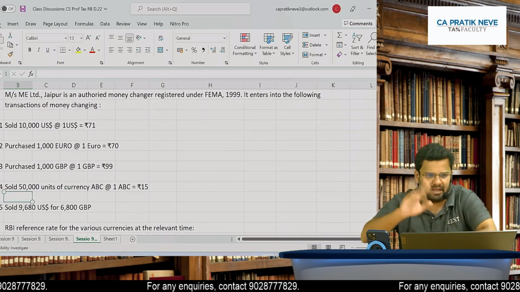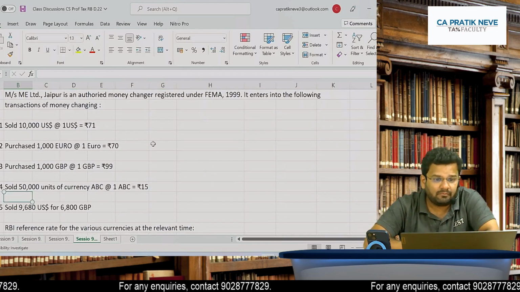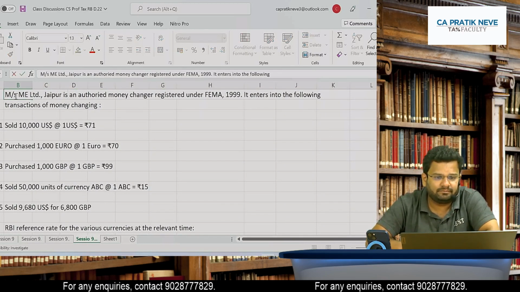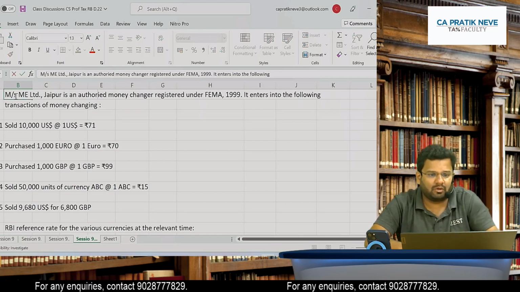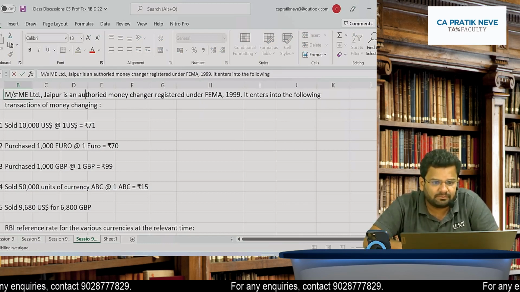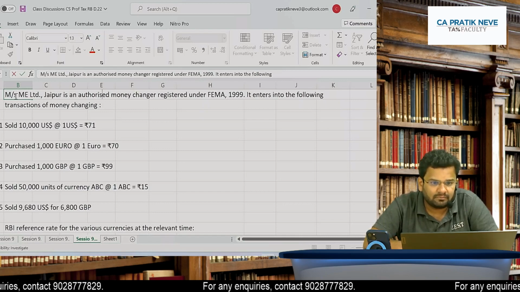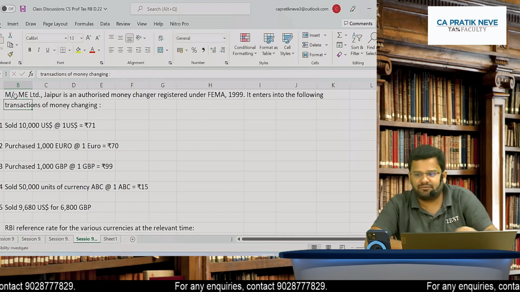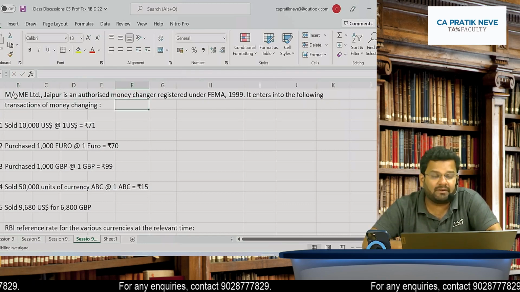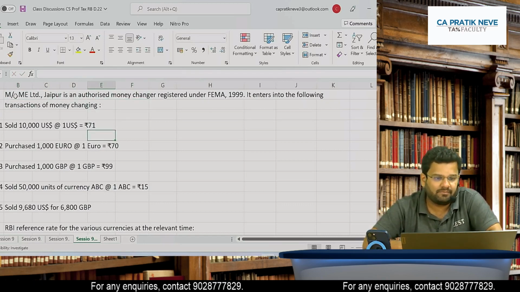Messrs ME Limited Jaipur is an authorized money changer registered under FEMA 1999. It enters into the following transactions of money changing.